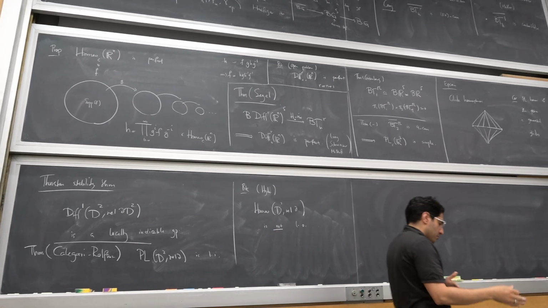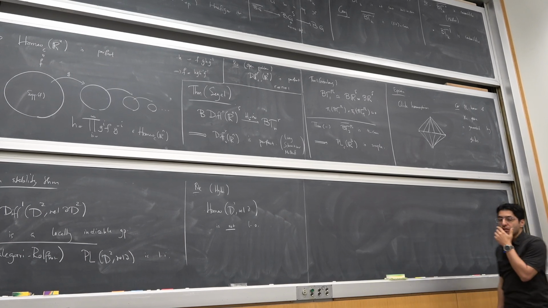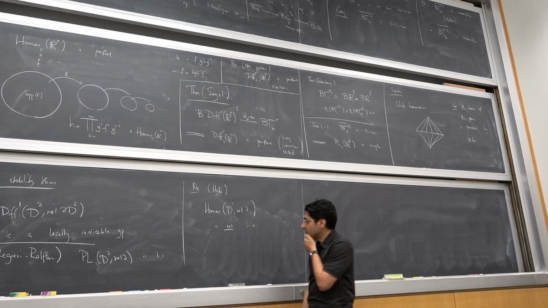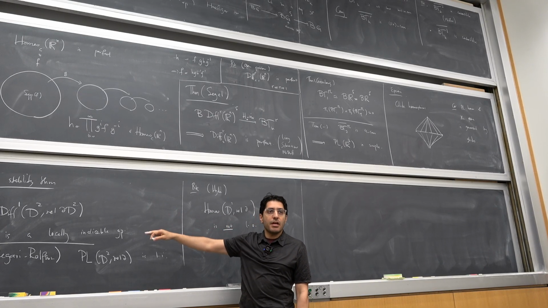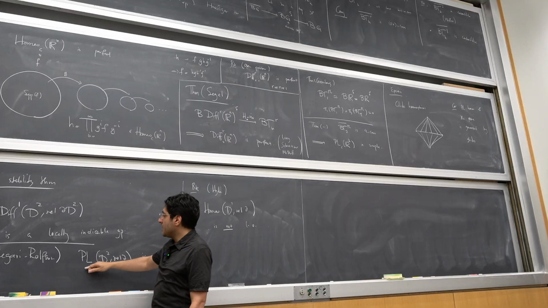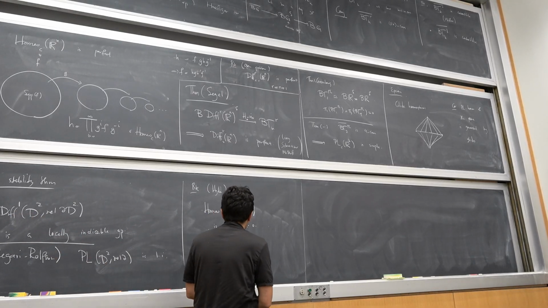Remember, we said that locally indicable implies left orderability, and he showed that it's not left orderable. Okay, so it's kind of sensitive to regularity, and in this way, PL and diff behave in the same way.